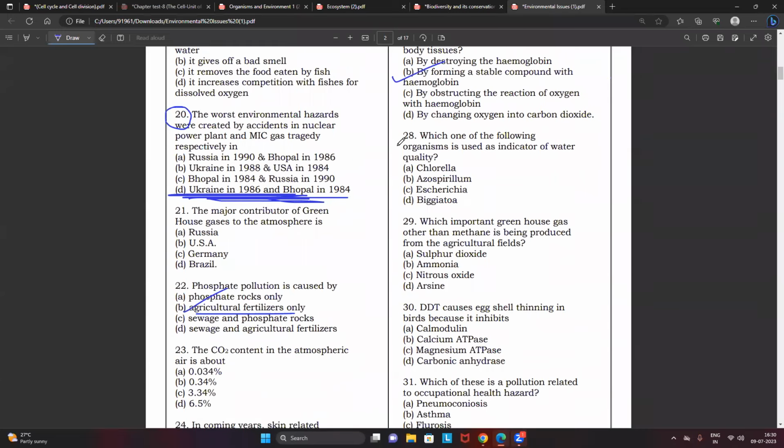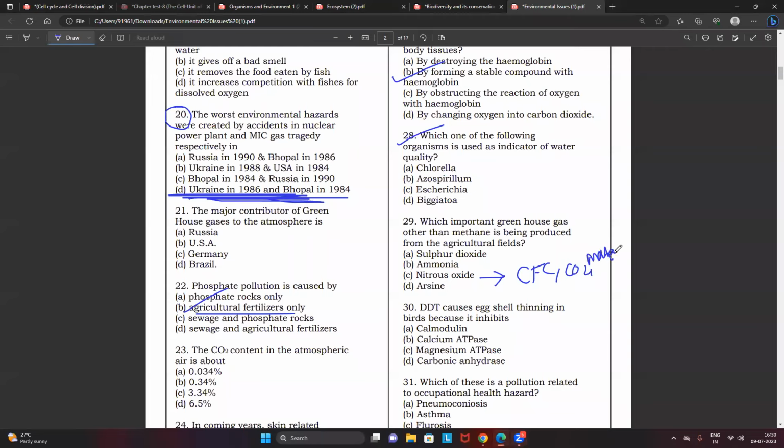So question number 28. Which of the following organisms is used as an indicator of the water quality? They're asking about water quality, friends. I want all the students to remember, apart from nitrous oxide, chlorofluorocarbon as well as carbon dioxide, even methane also.